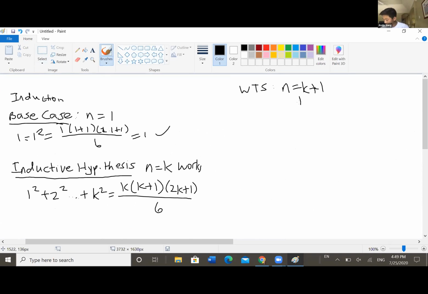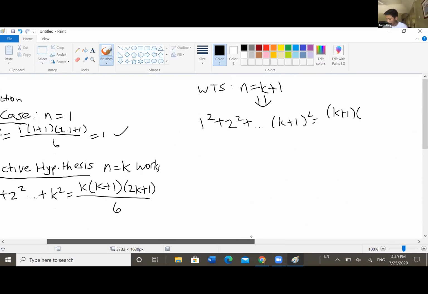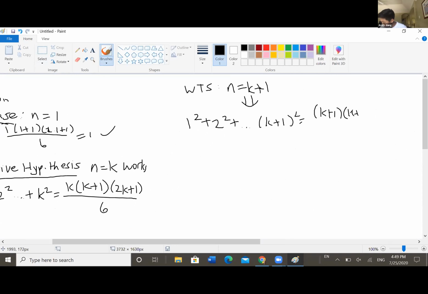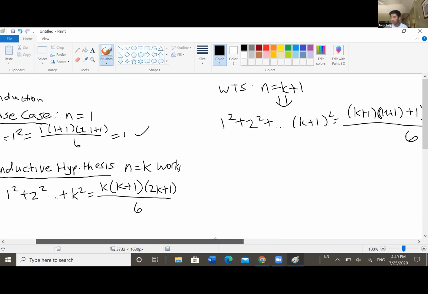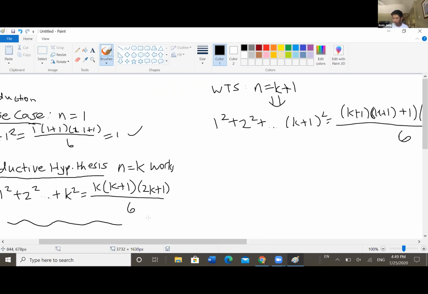So this also translates to showing that 1 squared plus 2 squared plus all the way to k plus 1 squared equals k plus 1 times k plus 1 plus 1 times 2 times k plus 1 plus 1 over 6. I want to show that this statement is true. Okay, so see if you can go from this statement over here and then get to this one.